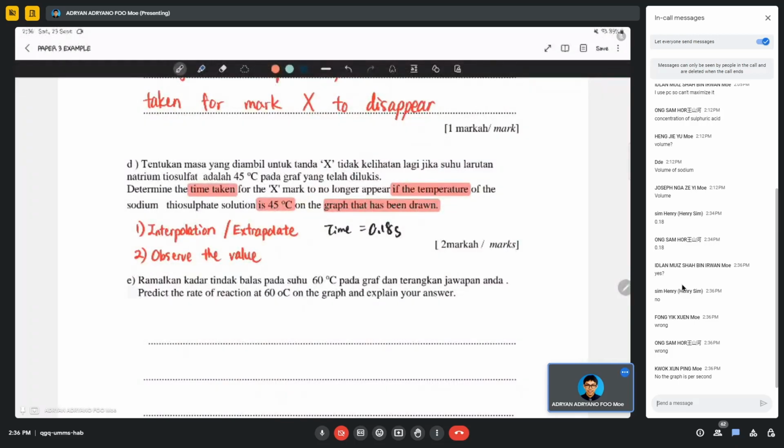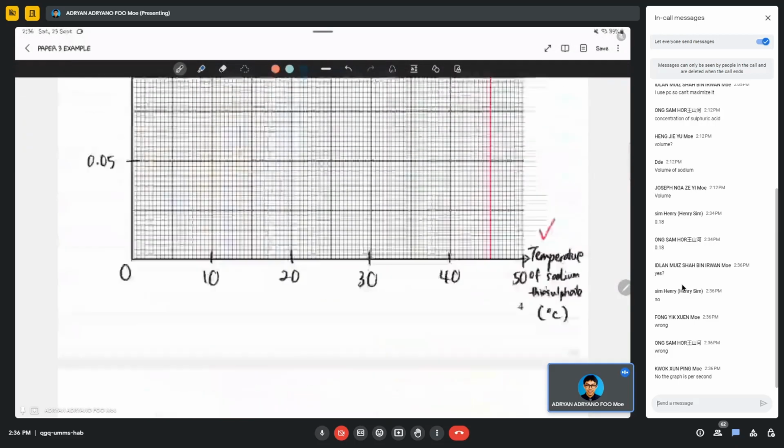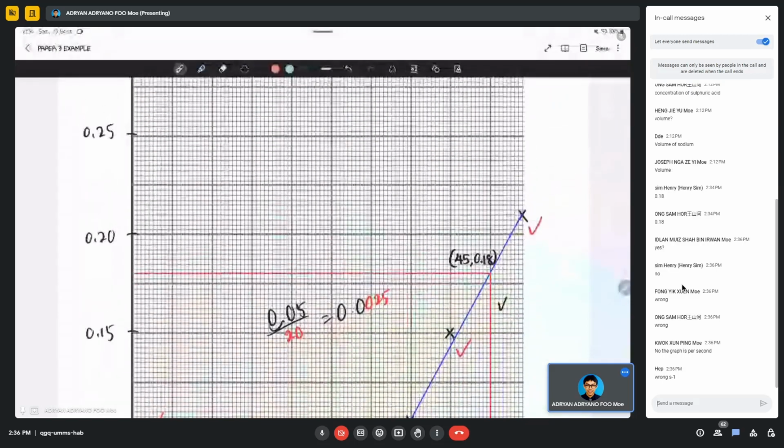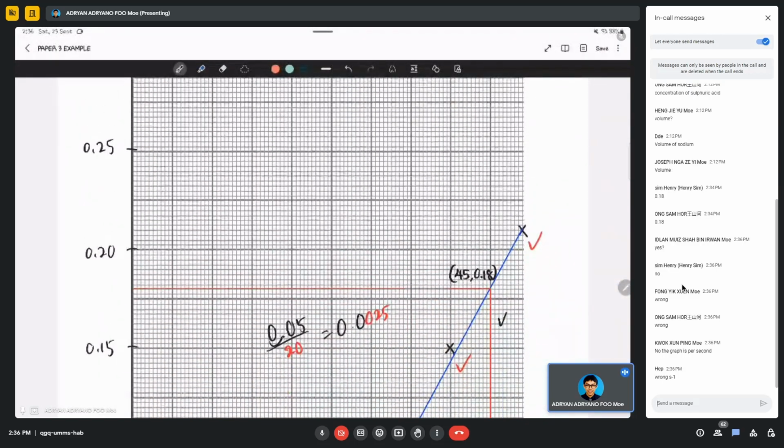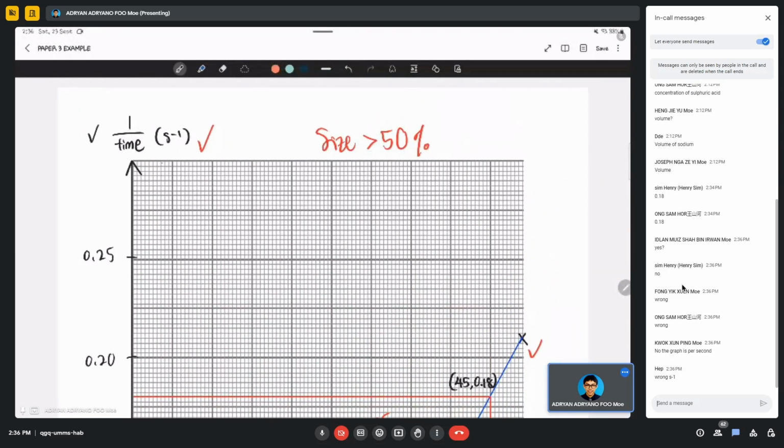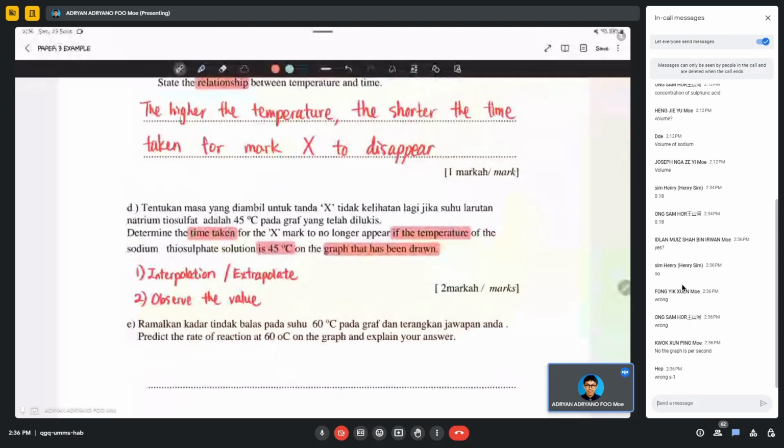Okay, good. Just now we found 0.18, but you must remember what 0.18 is: 1 over t. So you need to show your calculation here. 0.18 is 1 over t. So t will be 1 divided by 0.18, which gives 5.6. Why do I give one decimal place?